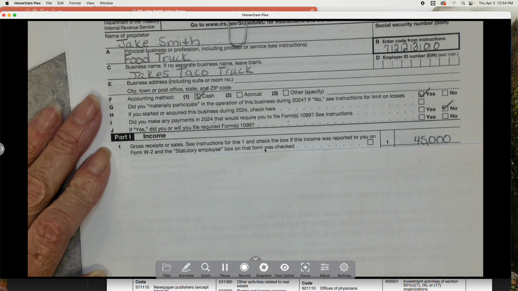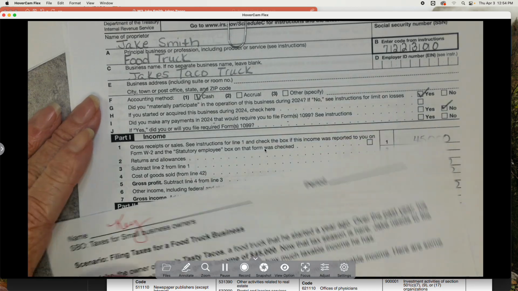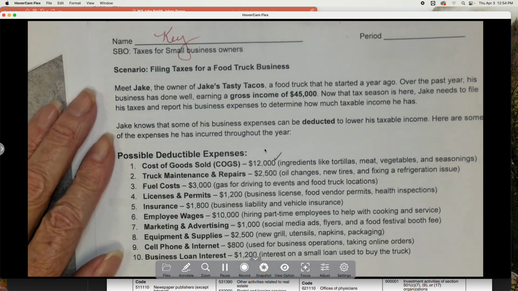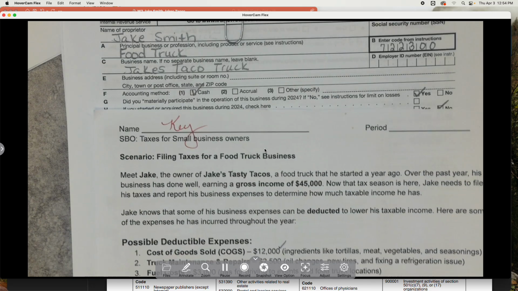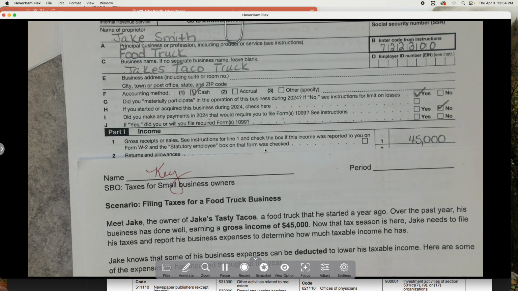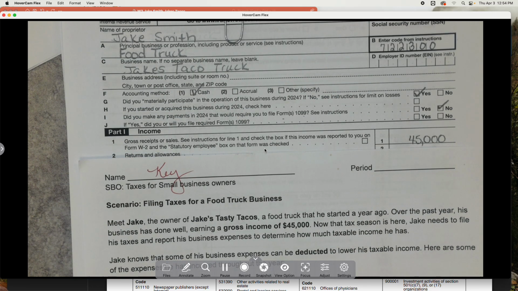Gross receipts. We can see from this paper from the other day that Jake's gross receipts were $45,000 for the year. So we are going to put that on line 1 as far as income.